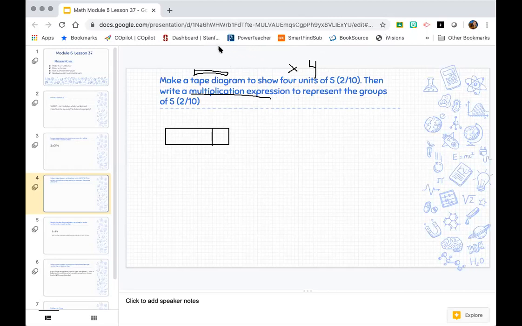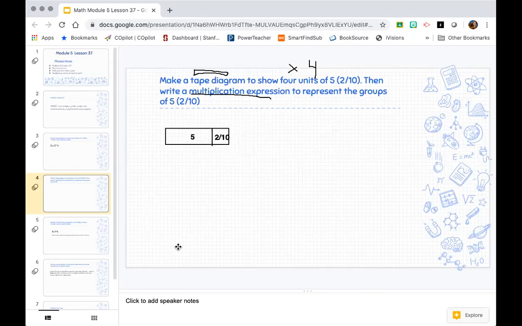I'm going to label it. So that's going to be 5. And right in here will be the 2/10.